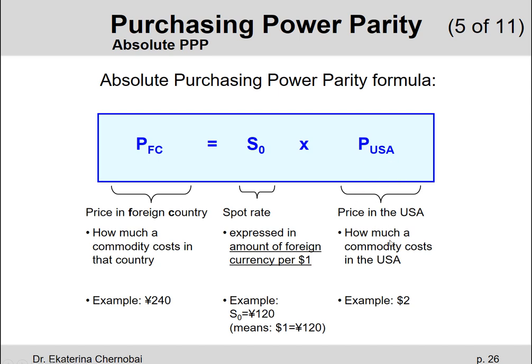So that's the price in the USA in the local currency, in US dollars, such as, for example, $2 for the local Big Mac.